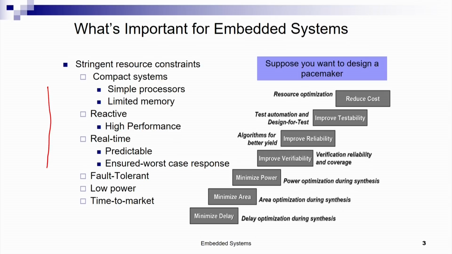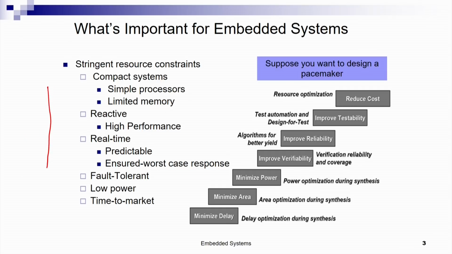Therefore, on the left I have jotted down a few typical important factors that an embedded design has to take care of. For example, the embedded computing systems that we use may have stringent resource constraints. They may be compact systems, may be simple processors, because again I said it has to minimize area, it has to minimize power.